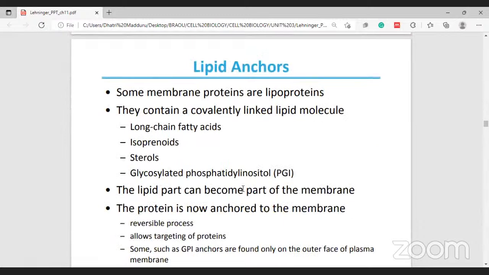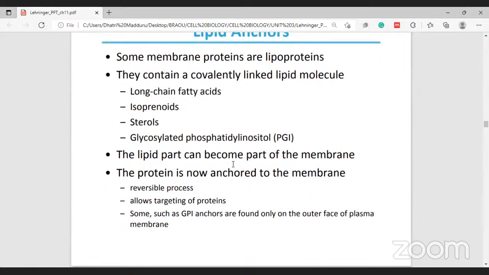Now lipid anchors. So some membrane proteins are lipoproteins. That means the proteins will interact with the lipids. They contain covalently linked lipid molecules. They can bind to long chain fatty acids, isoprenoids, sterols, or GPI, that is glycosylated phosphatidyl inositol.